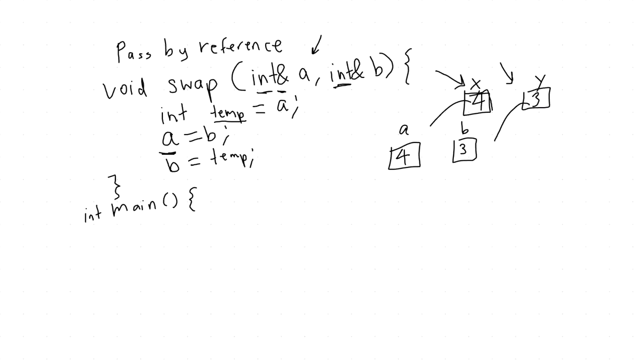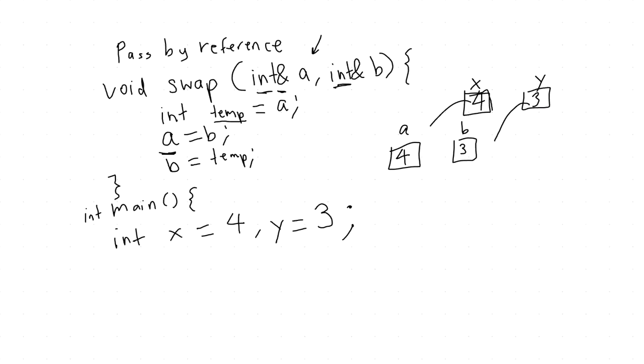So I'll show you what's actually happening when you call this function in the main function. Let's say in the main function you declare two variables, X and Y again, where X is equal to 4 and Y is equal to 3.